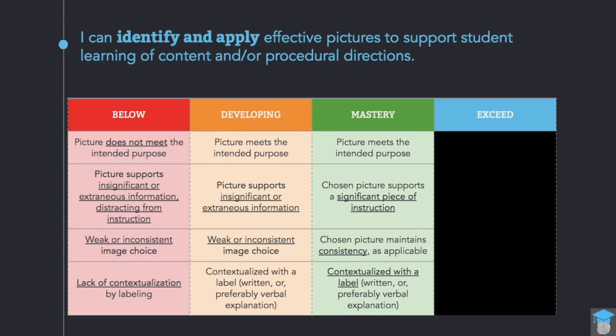I'm jumping to the underlined sections because underlined text will tell me what's different about developing from mastery. In developing, we have insignificant or extraneous information that's being supported by pictures. This could mean that the picture is actually distracting me from learning. And a weak or inconsistent image. That's obviously going to make it less effective. Below is not meeting really any of our expectations.